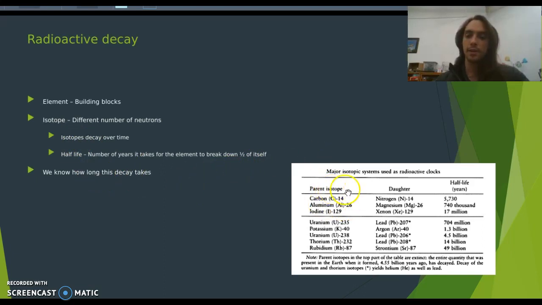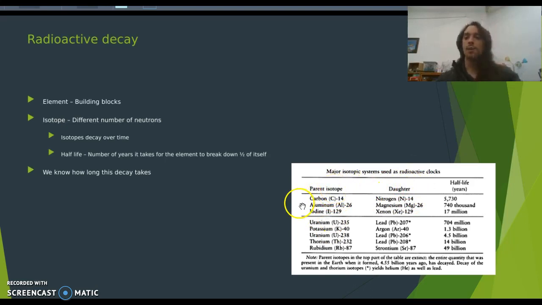I told you already about the carbon-14. How we figure out how much of the carbon-14 is in an element or in a rock is we find the amount of nitrogen-14 inside of that. And the reason we do that is because carbon-14 decays. Remember, this radioactive decay kind of goes away. It decays into nitrogen-14.